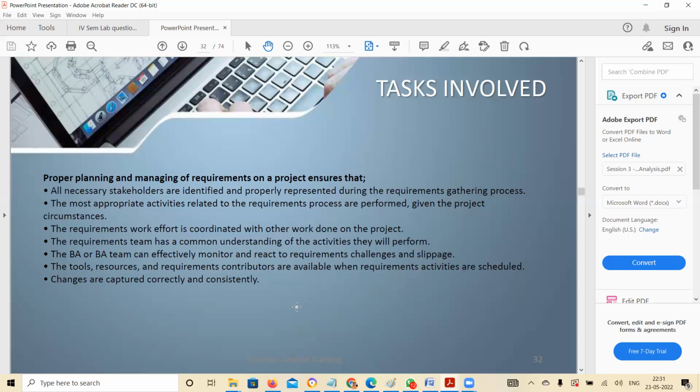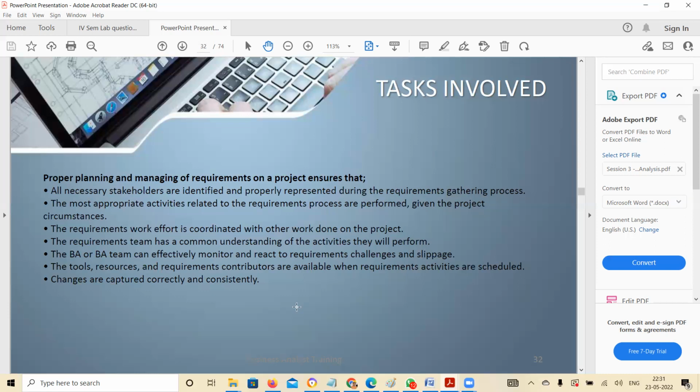It is not possible for one single BA to do all the tasks. If there are 10 stakeholders and 10 activities, and you start doing those activities by yourself, it might take weeks and months. So instead, we identify other BAs also, so that tasks can be done in parallel.